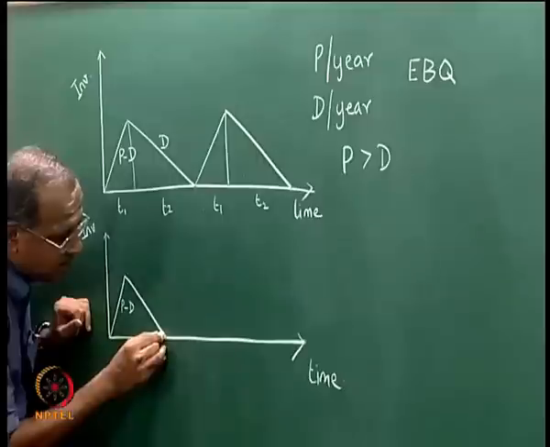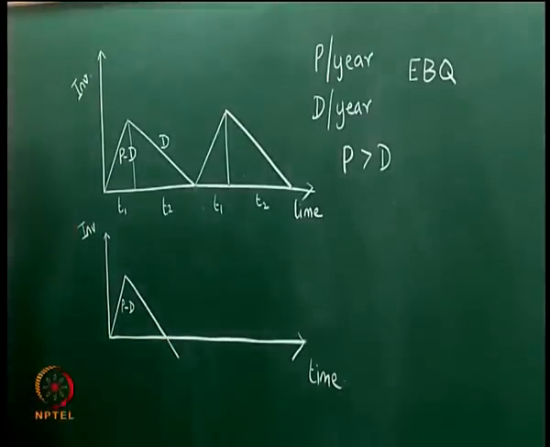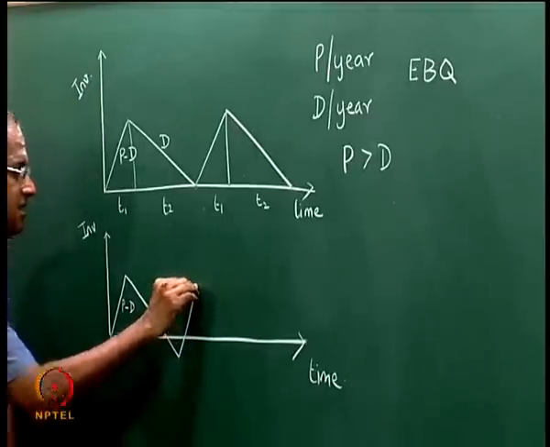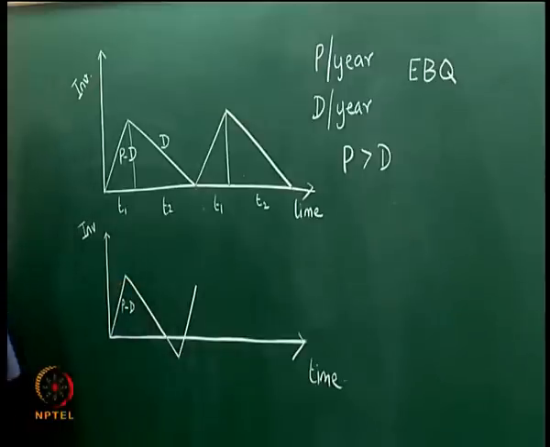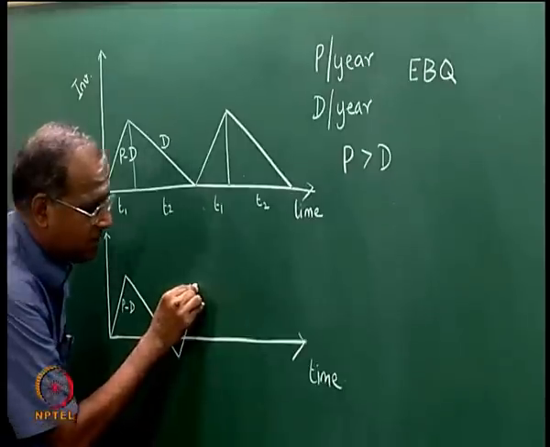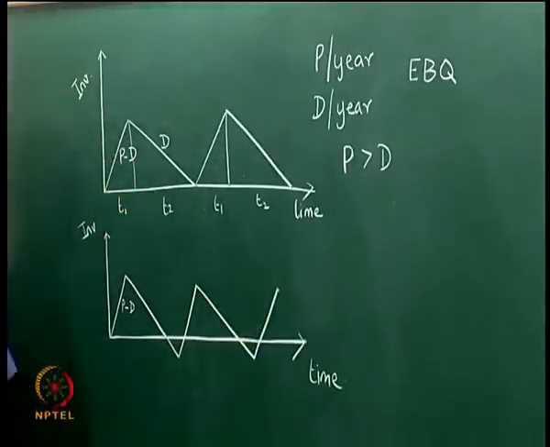So, we do not produce immediately, we allow a certain backorder and then start producing at this point. So, production once again begins at this point, this is parallel to this, and then once again we consume. So, this will be parallel to this and so on.